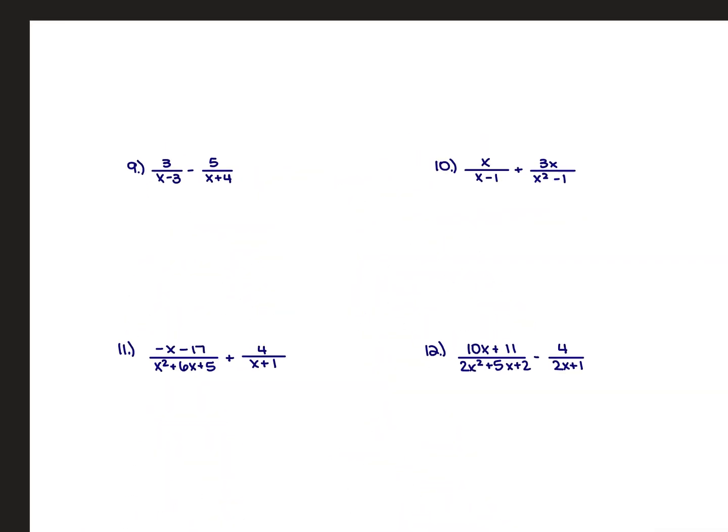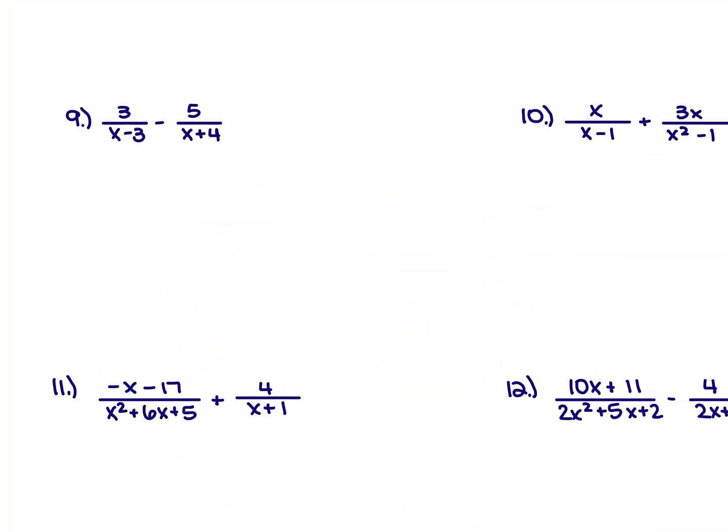For number 9, you have 3 over x minus 3 minus 5 over x plus 4. Your least common denominator between these two fractions is x minus 3 times x plus 4. We'll multiply the first fraction's numerator by x plus 4. So we'll distribute the 3 in. That gives us 3x plus 12.